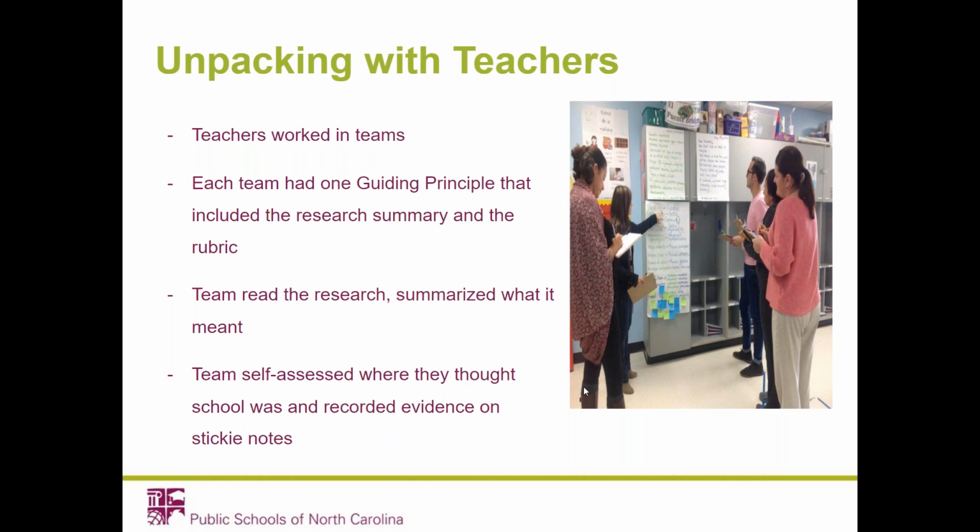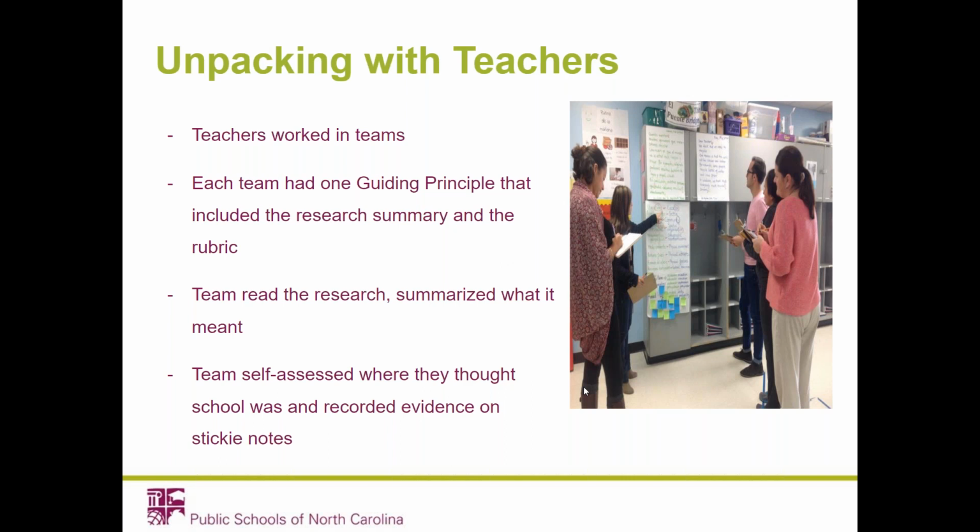So I had 7 stacks of the guiding principle documents, and we took the chart paper that you can see in the picture on the slide, and we literally glued the rubric for the guiding principles on the chart paper for teachers to then assess how they felt we were doing in each of the areas for that particular strand.